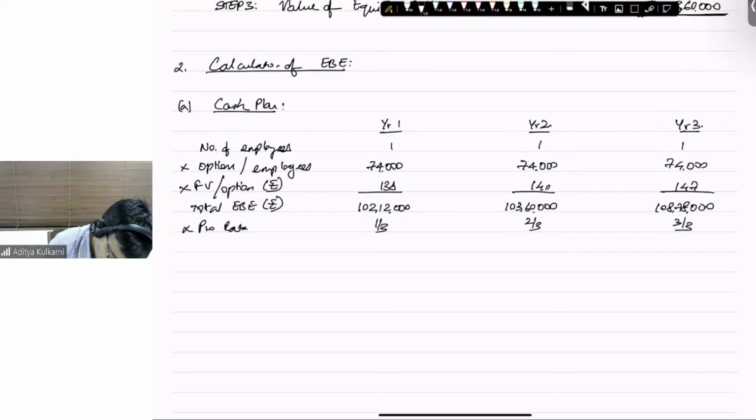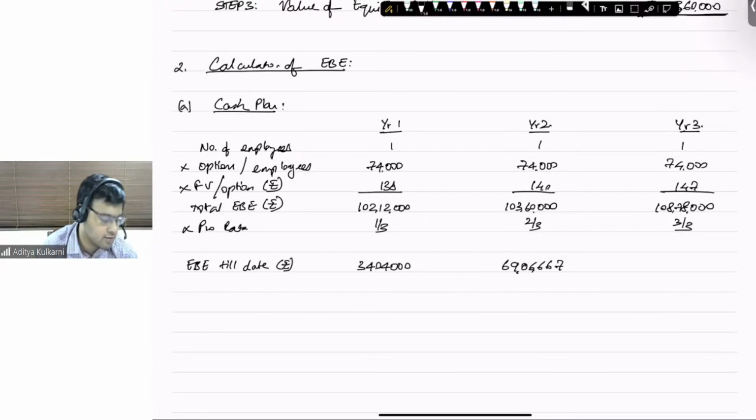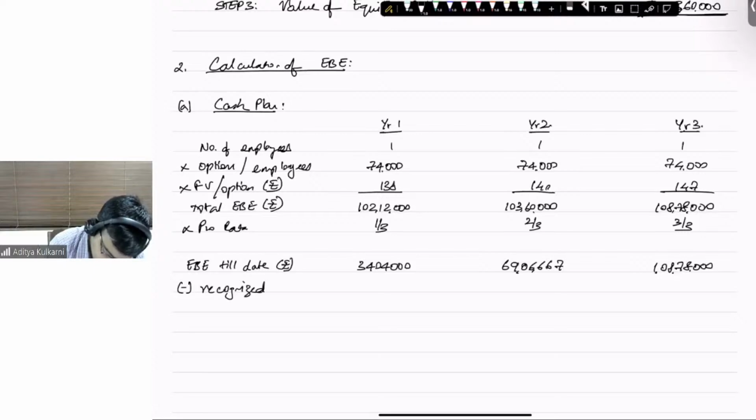So EBE till date, how much will it be? 34,04,000, 69,06,667 and 1,08,78,000, less recognized earlier.